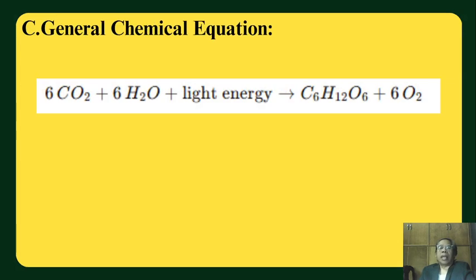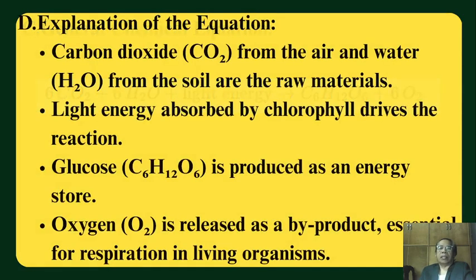The general chemical equation: 6 moles of carbon dioxide reacted with 6 moles of water, and then with light energy, it will produce 1 mole of glucose, C6H12O6, and 6 moles of oxygen.